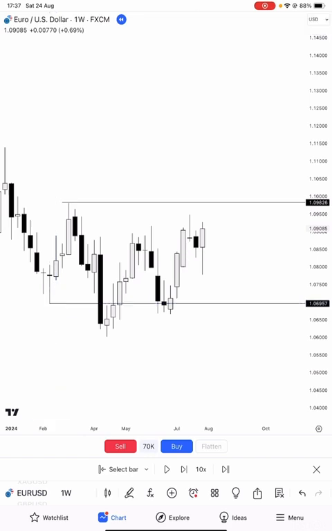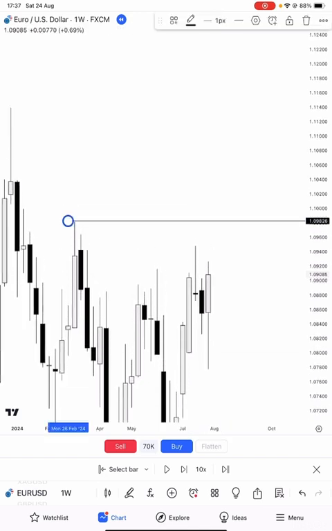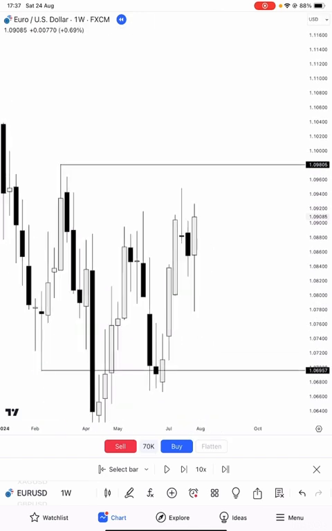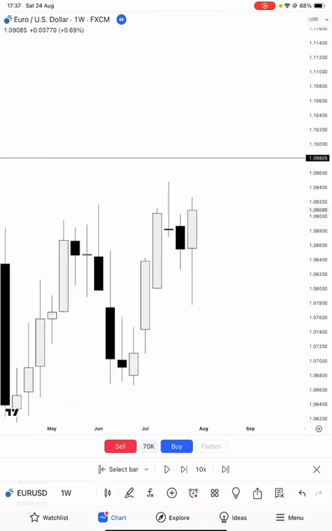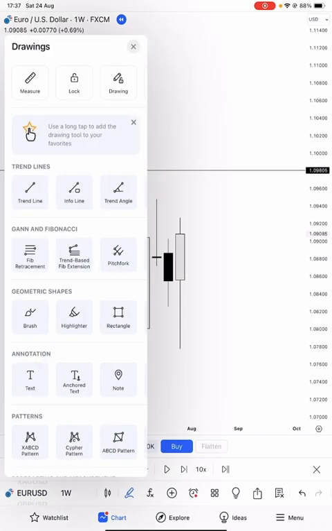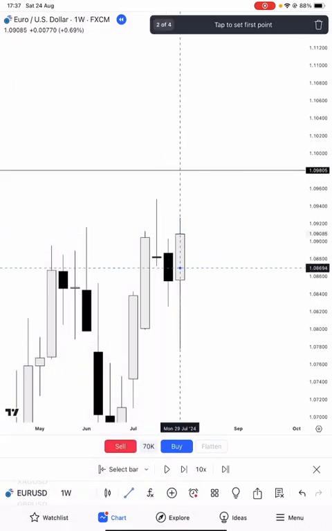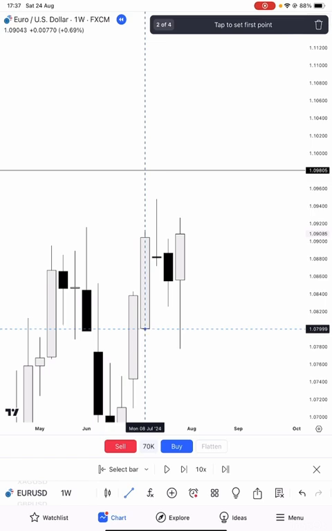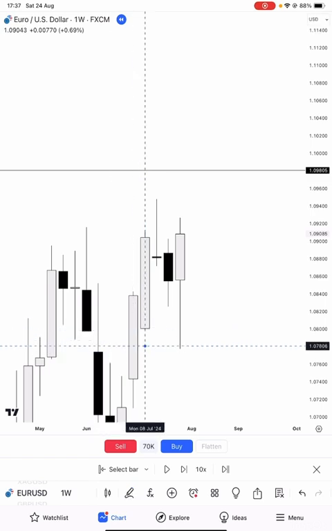See, it's a range low, tapped, full swing, range high. So this was my drawn liquidity, and I want to reiterate, this is a trade I took.